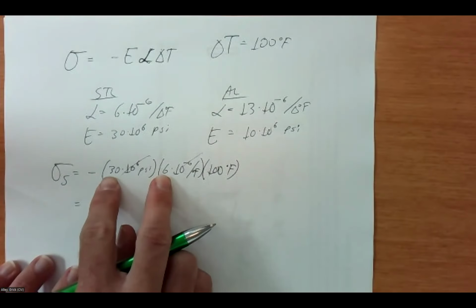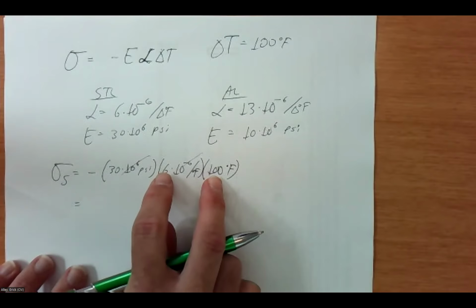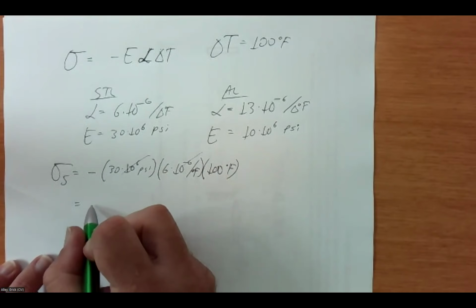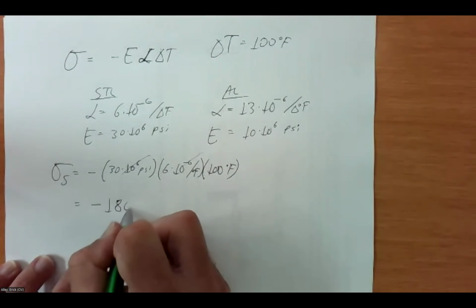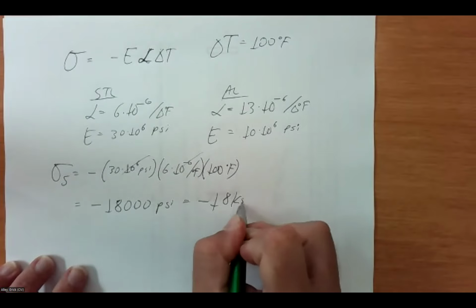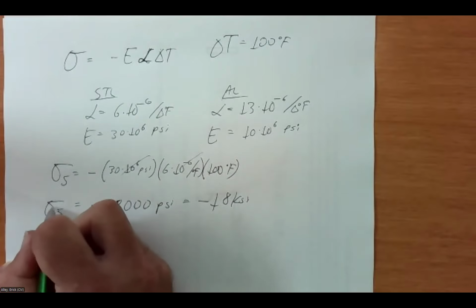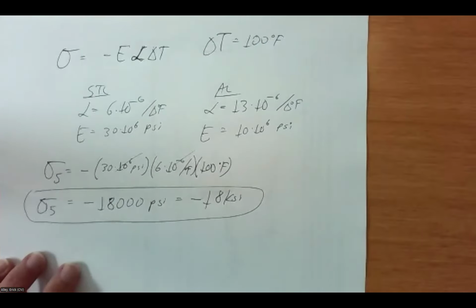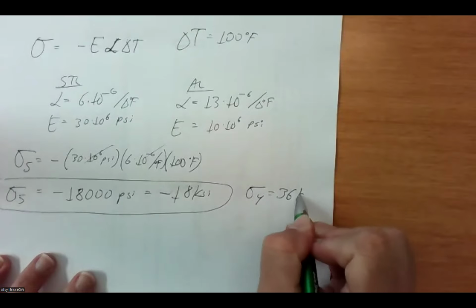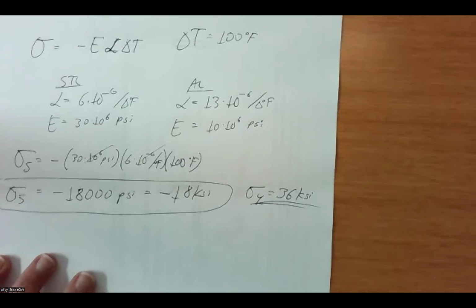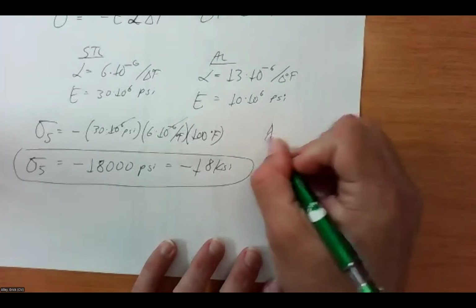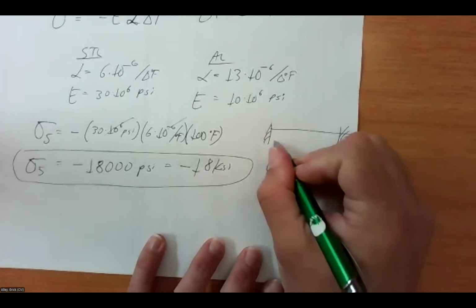I get 180 and then another 100, so 180 plus 2 zeros: minus 18,000 PSI, or 18 KSI. Remember, for mild steel like this, my sigma yield is 36 KSI. So I'm already halfway to yielding the material just by constraining a bar.